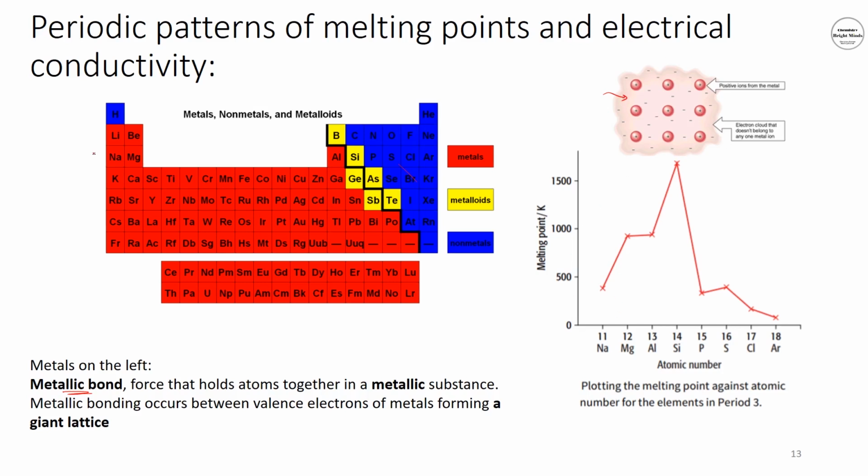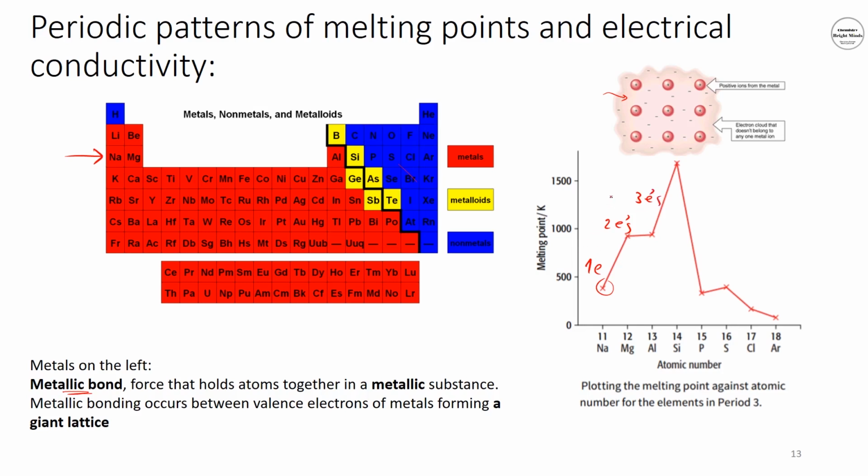So if I look at the trend of the metallic bond strength in period number 3, I have metals, which are sodium, magnesium, and aluminum. Sodium has only one valence electron. I'm increasing the number of valence electrons in the case of magnesium, and in the case of aluminum, I have 3 electrons.